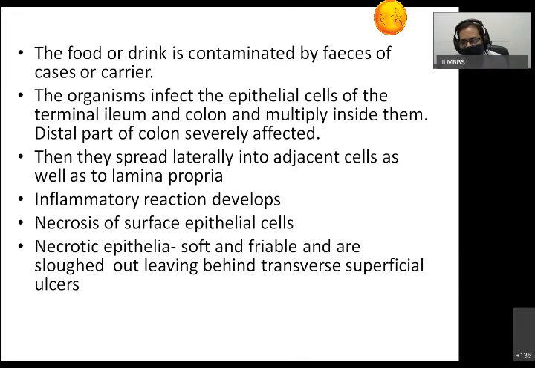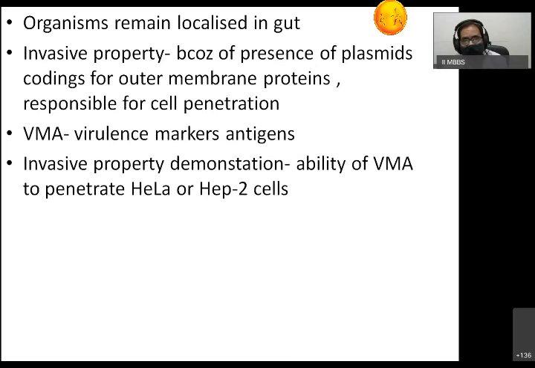Then they spread laterally into adjacent cells as well as the lamina propria. There is an inflammatory reaction and necrosis of surface epithelial cells. The necrotic epithelium becomes soft and friable and is sloughed off, leaving behind transverse superficial ulcers. The organism remains localized in the gut.